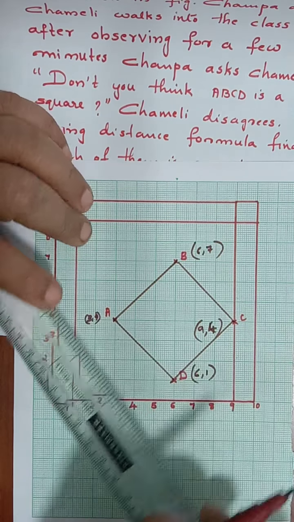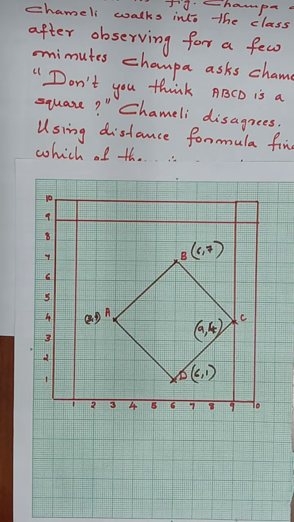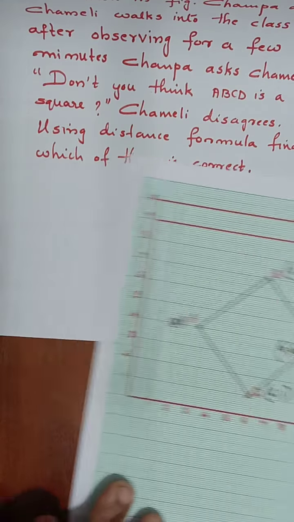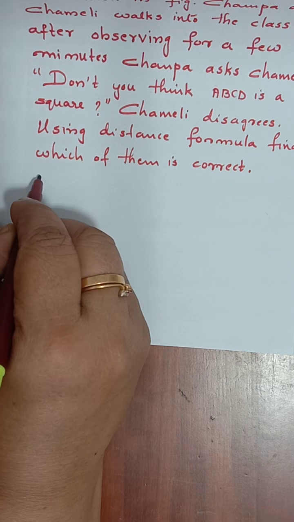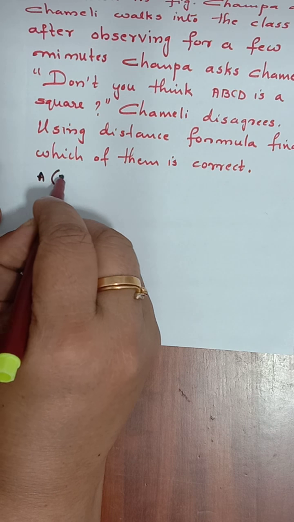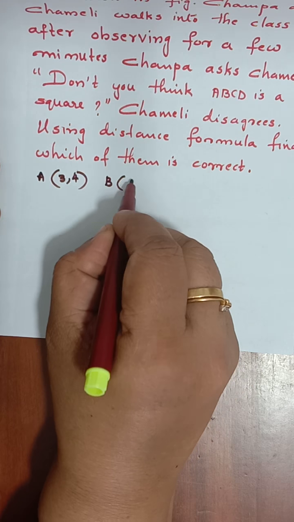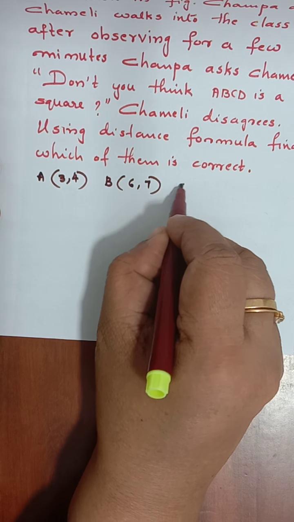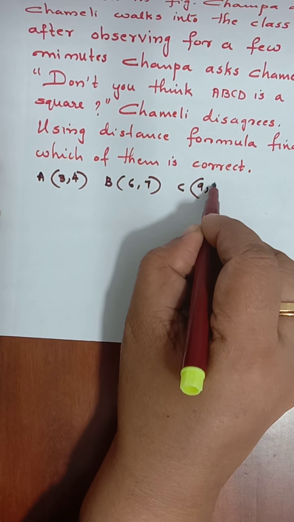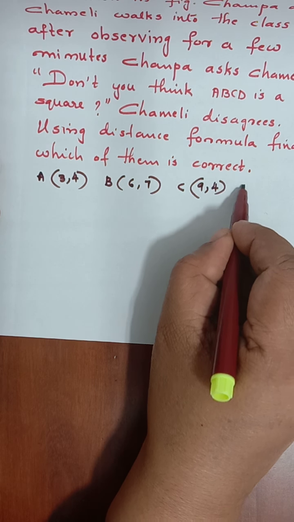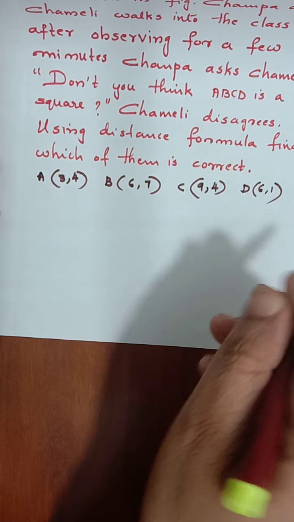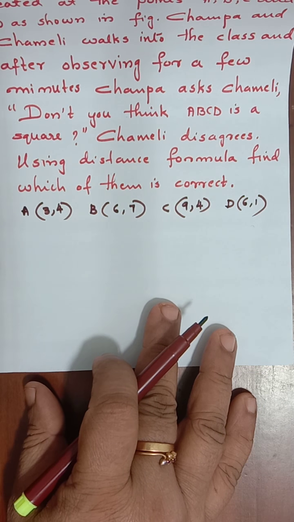But in question they have asked us to find out the distance. Let us find out the distance. A coordinate is 3, 4, B coordinate is 6, 7, C is 9, 4 and D is 6, 1. We are going to find out each one of these.